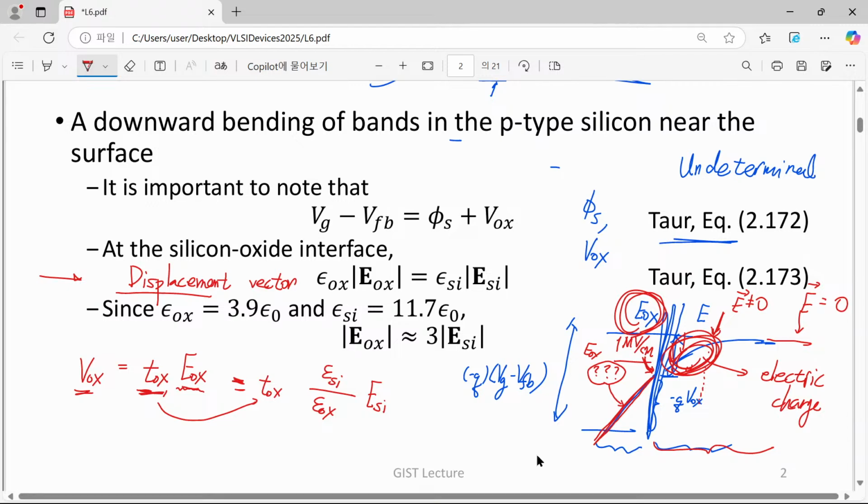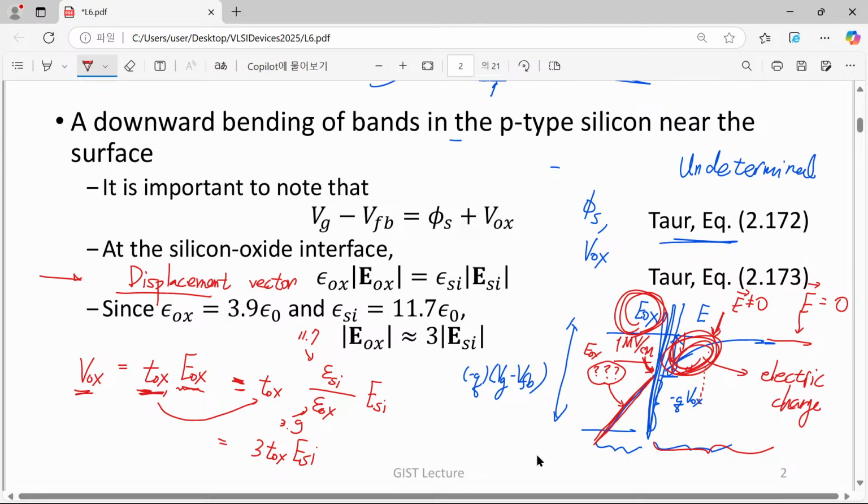It so happens that the permittivity of silicon is 3 times higher than the oxide permittivity. So relative permittivity is 11.7 and this is 3.9. So their ratio is around 3. So we can say that E silicon.